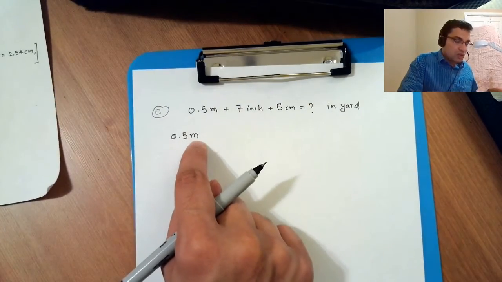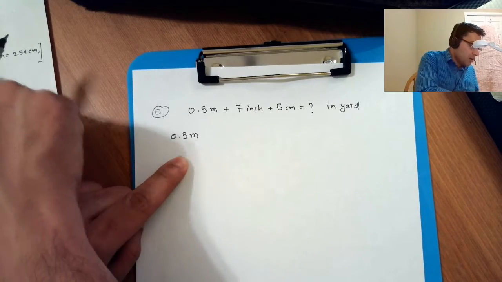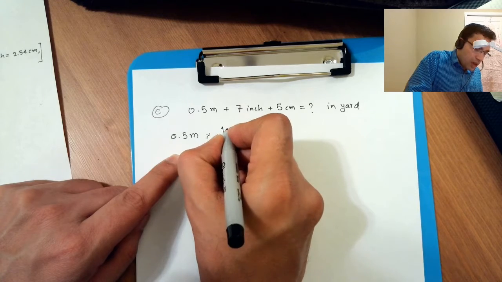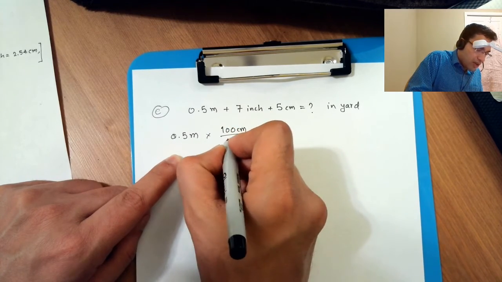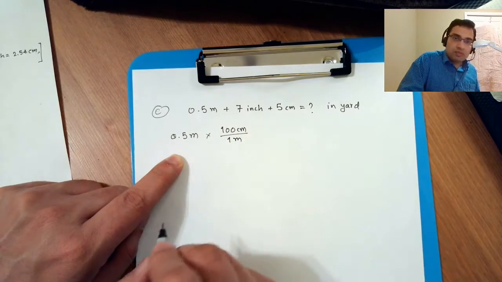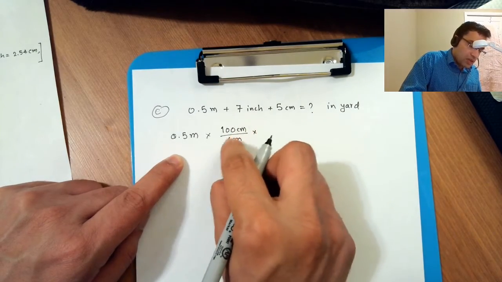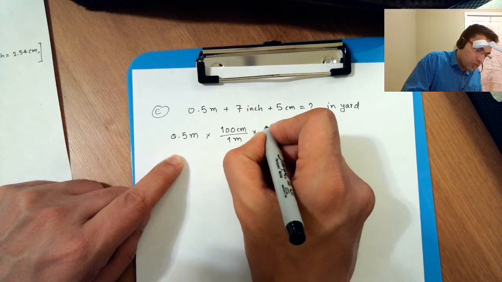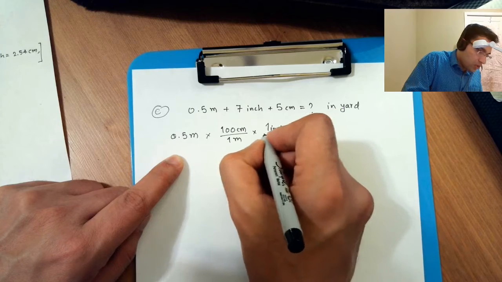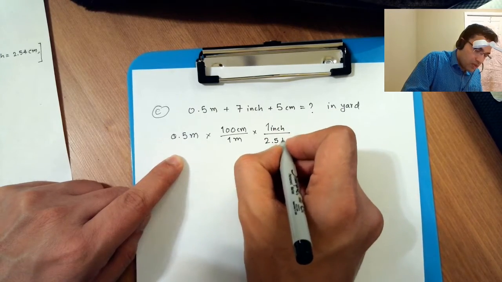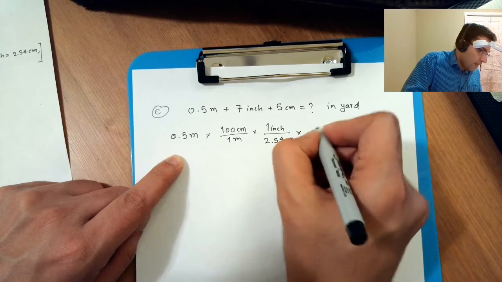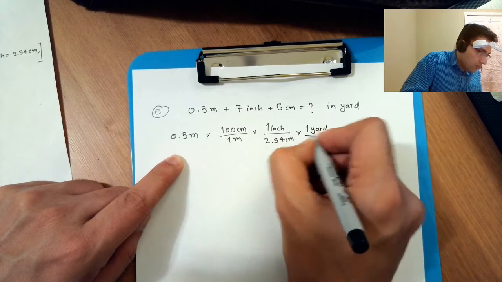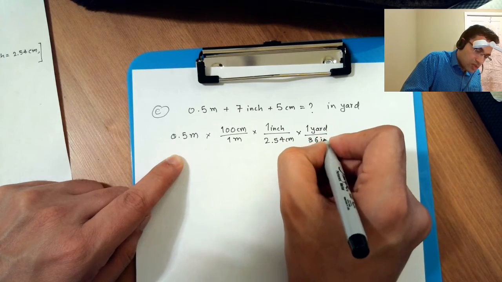So I need to change meter, but what I have is meter to centimeter. So I'll use 100 centimeter divided by 1 meter. Now I need to get rid of the centimeter, which is 1 inch divided by 2.54 centimeter, and then I need 1 yard divided by 36 inch.